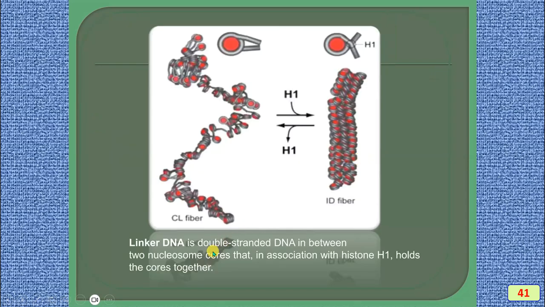The linker DNA is double-stranded DNA between the two nucleosome cores, in association with the histone. Here you can see the histones. The nucleosome cores in association with the histone hold the cores together. So the cores of these chromosomes are held together by histones.